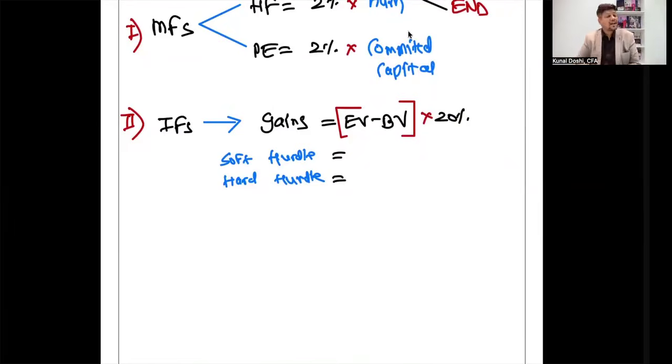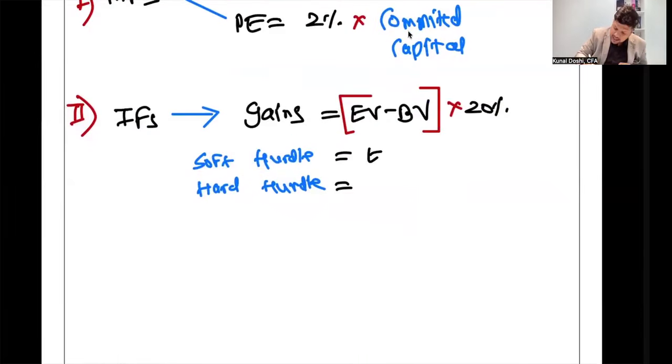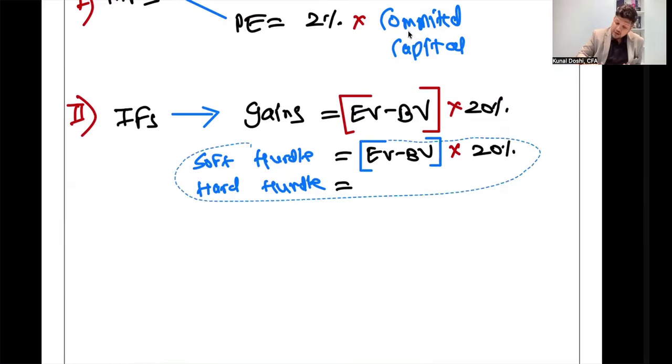When I'm calculating on the entire gain, this is a soft hurdle. Are you with me? On the entire gain, a soft hurdle is good for the GP.